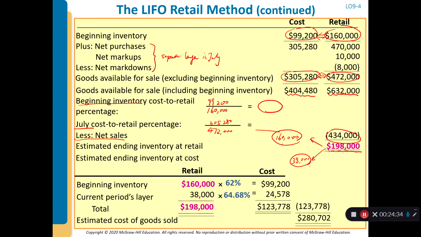For the beginning layer, we consider the relationship between the cost and the retail price to be the beginning relationship of 62%. For the extra $38,000, we consider this the additional relationship, which is 64.68% between the cost and the retail price. Therefore, the total cost becomes $123,778, and the ending inventory is $280,702.